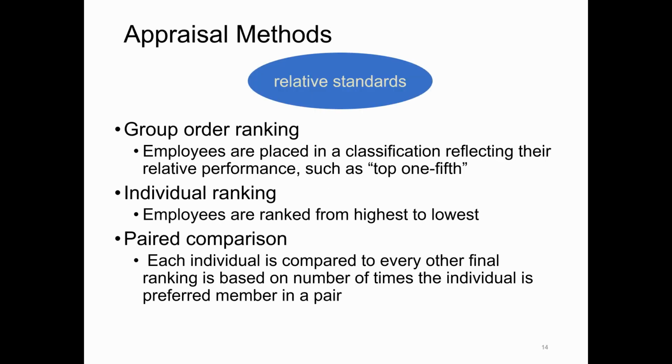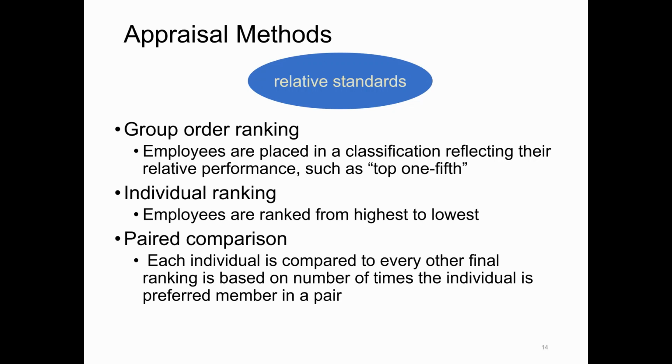That is really the reverse in relative standard. Relative standard means relative to this. So for example, employee A has performed well relative to employee B. Or employee A and B have performed poorly relative to employee C. So in relative standard, one employee or a group of employees is compared, or a paired comparison is done.